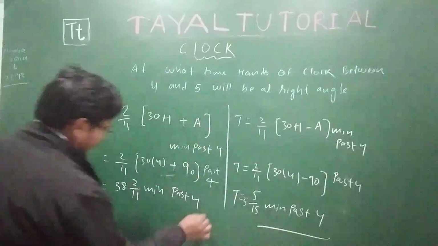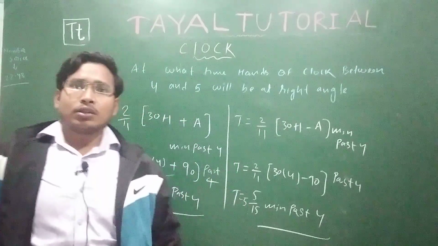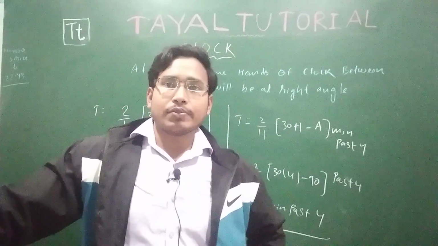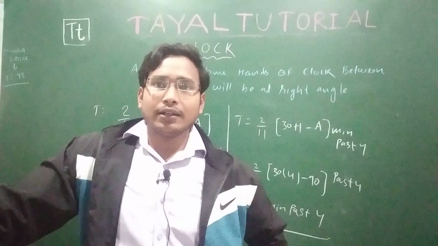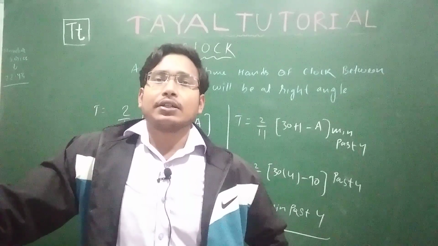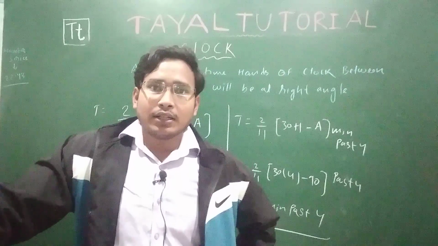This is the second value. Why? Because a right angle is possible in the clock 2 times. So we are getting the 2 possible values at which the minute hand and hour hand will make an angle of 90 degrees. There are two possibilities, so we calculated 2 results here.